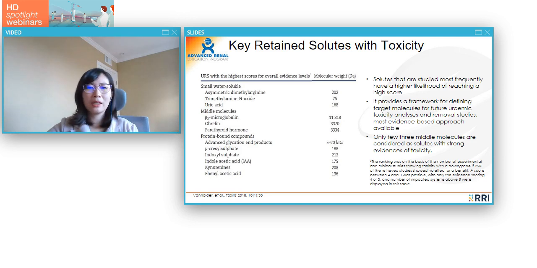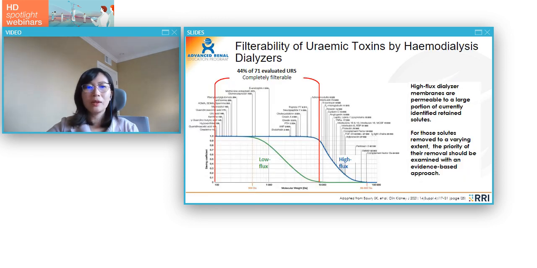In contrast, for protein-bound uremic toxins, although the list of them is longer, those that eventually get onto this list are relatively more than the water-soluble and middle-molecule solutes. So one of the reasons I can think of that may help explain this observation could be that most water-soluble solutes are completely filterable.